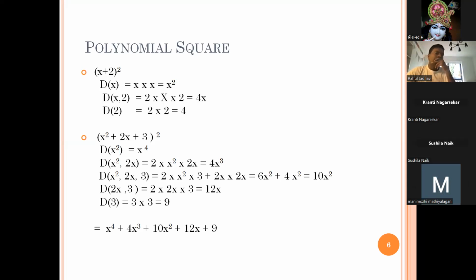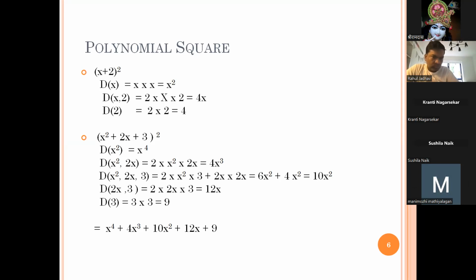Okay, now let us take a more complex one: (x square plus 2x plus 3) bracket square. We want to calculate the entire polynomial square. What is the best way? Calculate the duplex of each term: duplex of x square, duplex of x square and 2x, duplex of x square, 2x and 3, duplex of 2x and 3, duplex of 3.